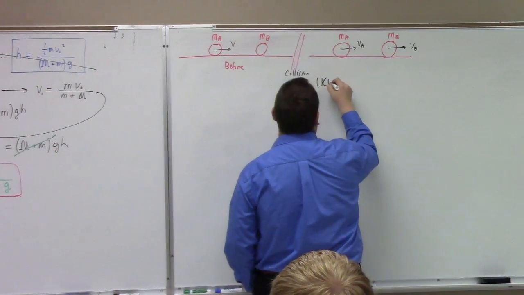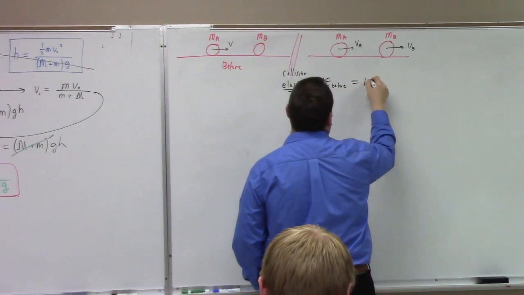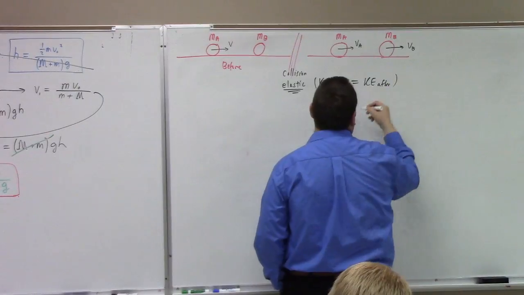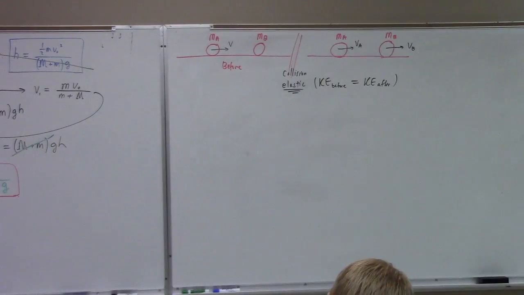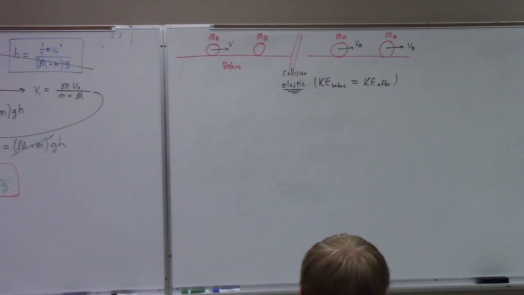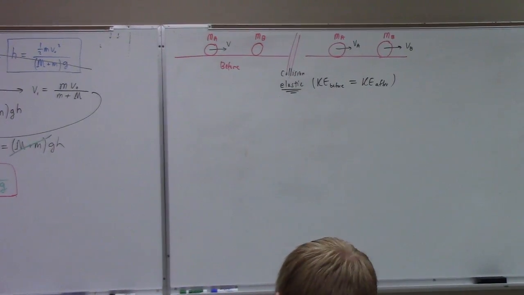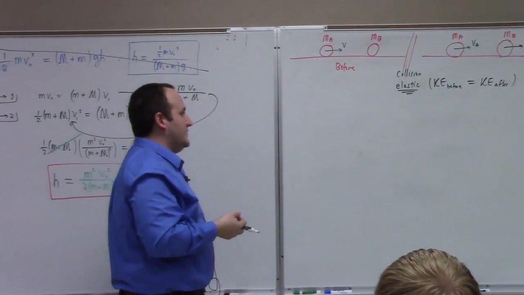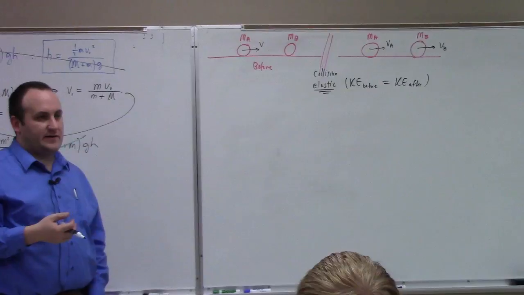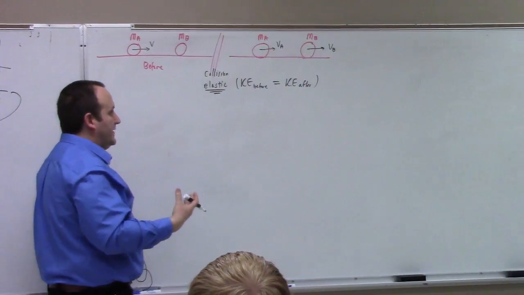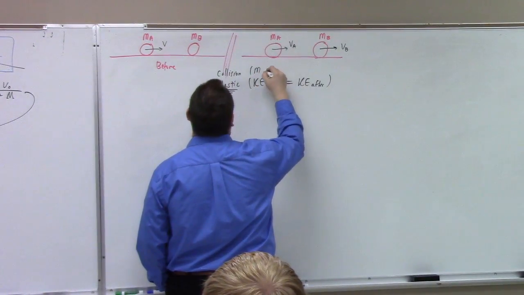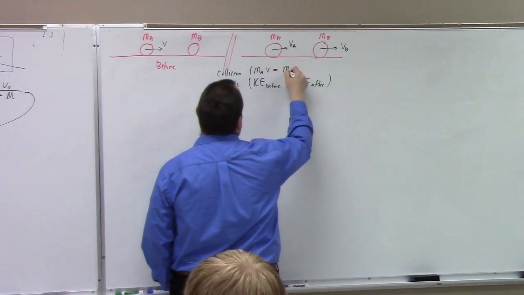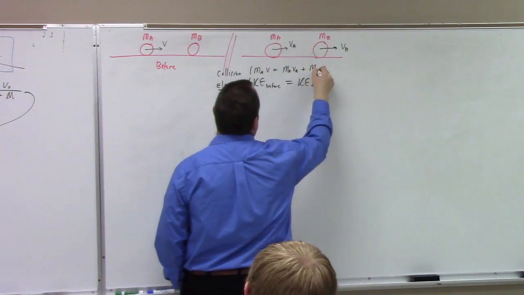So kinetic energy before equals kinetic energy after. What else do we have? It's a collision, right? Momentum is conserved. So we also know that Ma V is equal to Ma Va plus Mb Vb.